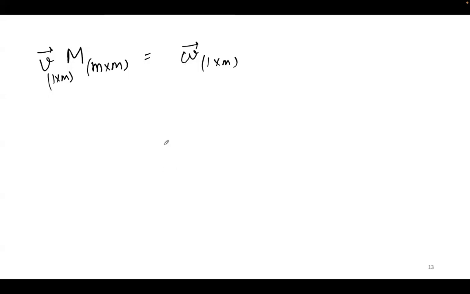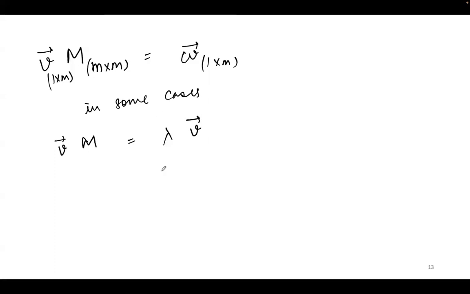So in some cases, this is okay, but now what happens in some cases is that this calculation can give you the original vector back multiplied by a certain scalar number.